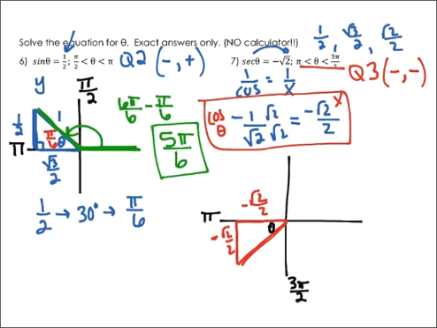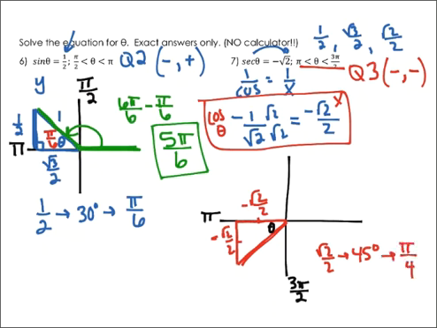Well, think about what angle always goes with radical 2 over 2. If they're the same, that would have to be 45 degrees. 45 degrees in radians is pi over 4. So this angle is pi over 4.